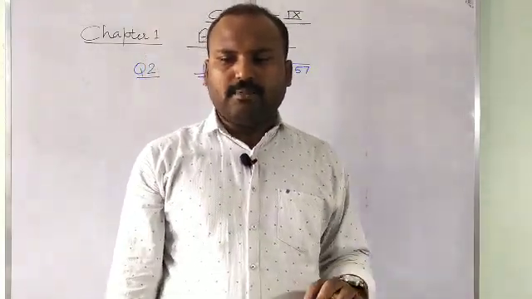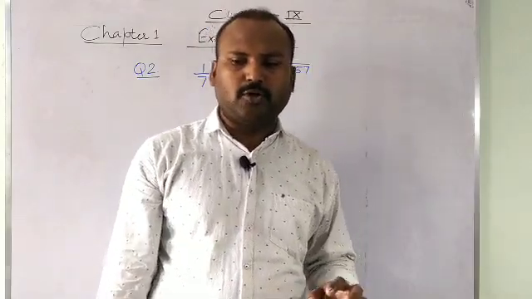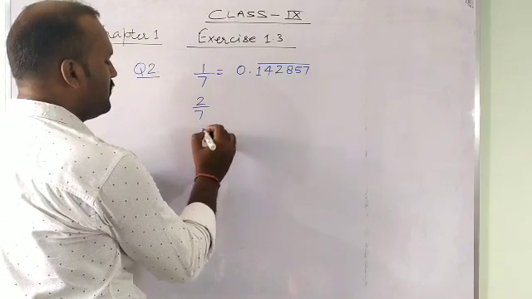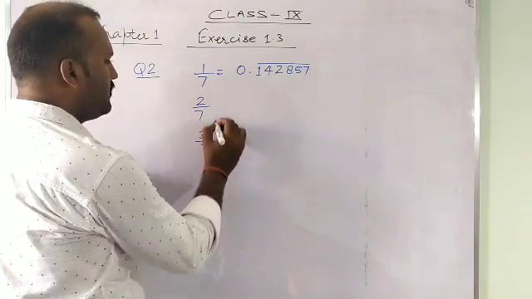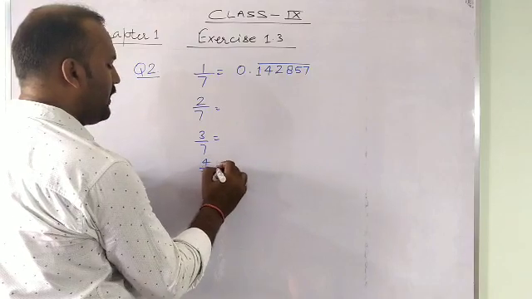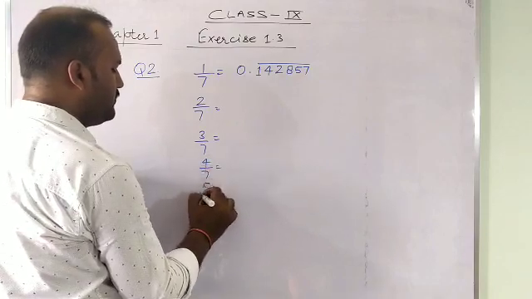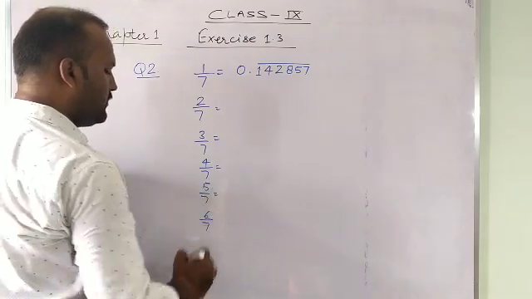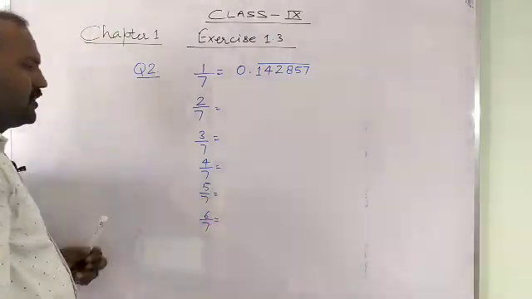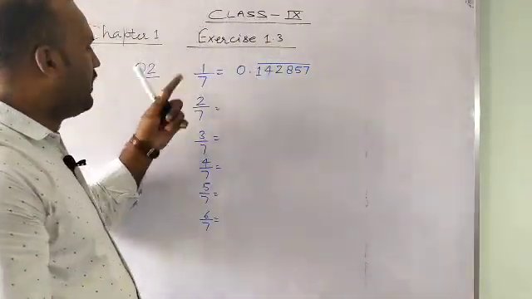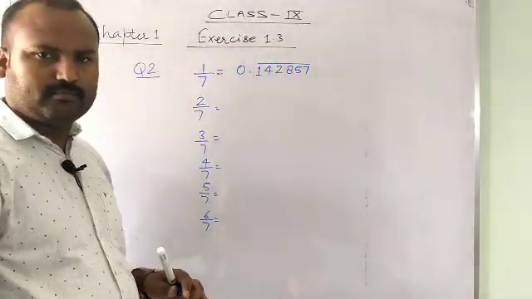It means we have to find the decimal expansions of 2 by 7, 3 by 7, 4 by 7, 5 by 7 and 6 by 7, because only the value of 1 by 7 is given.